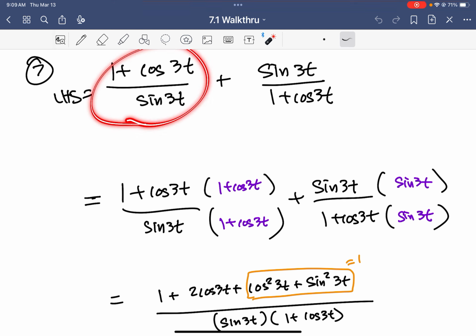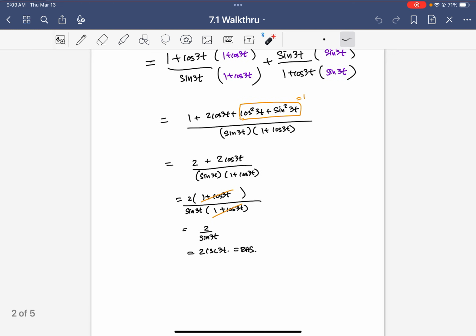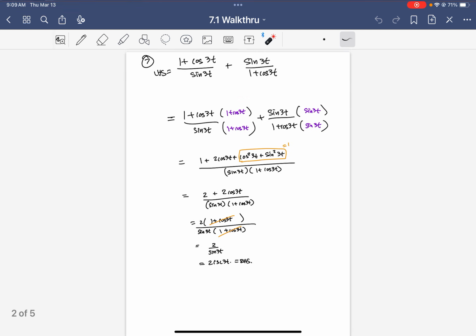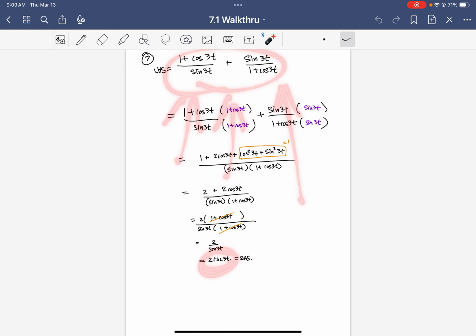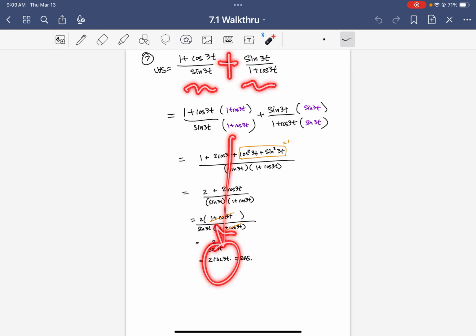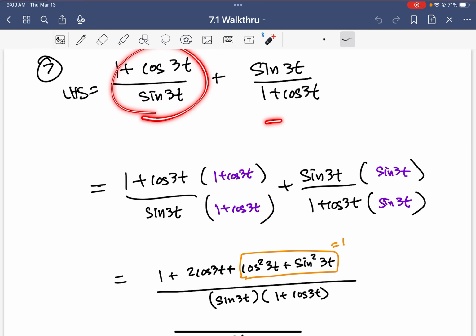For 7, I have this plus this. Well, it's two fractions, and they want to show that it's equal to this. So if I have a bunch of ugly stuff equal to something small, I'm definitely going to start with the ugly stuff, hoping I can condense these two terms into one term. So how do I take two terms and make them into one term? Well, I get a common denominator.